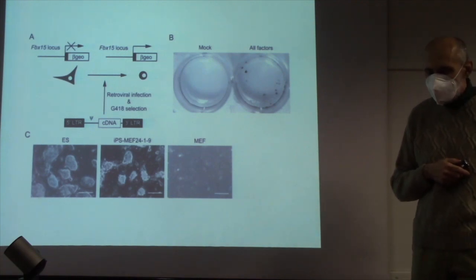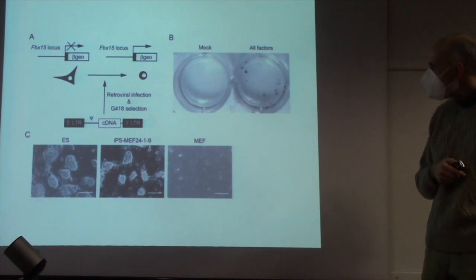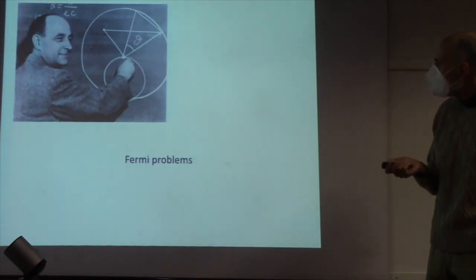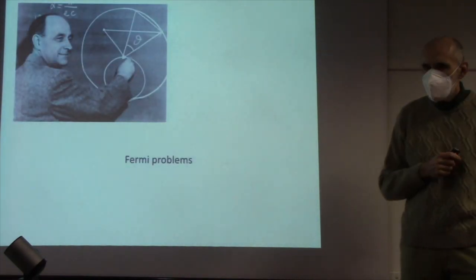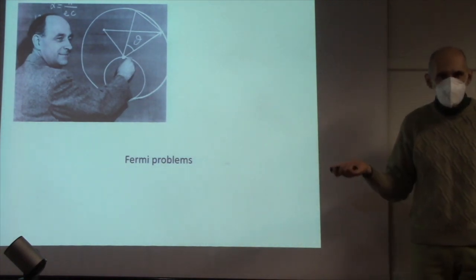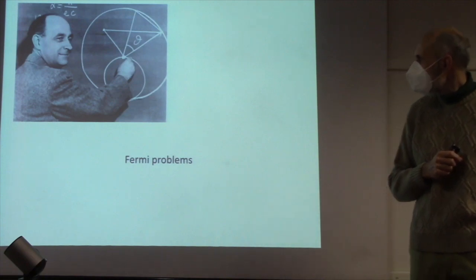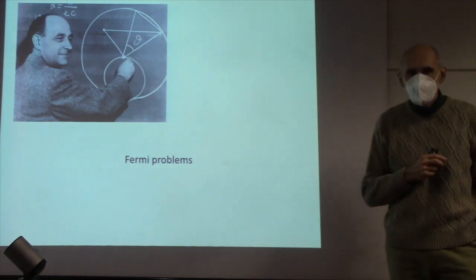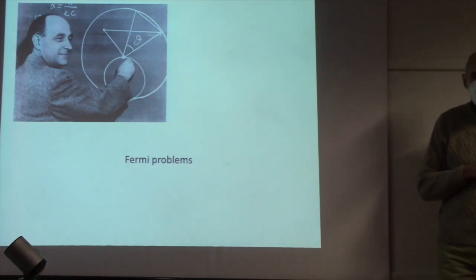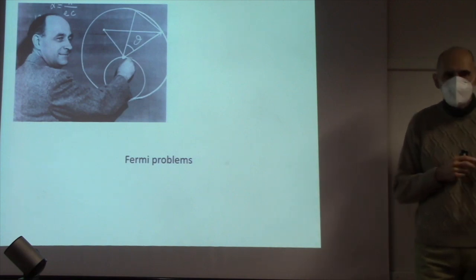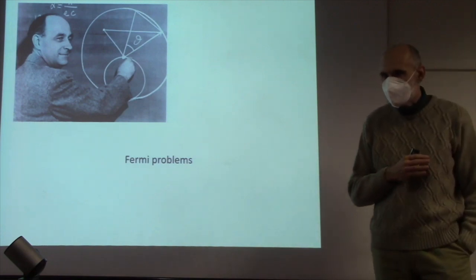So one way to do these estimates is to take the Fermi approach, where Fermi is, of course, Enrico Fermi, the famous physicist. He was a genius. He went to university at 17, and he already knew all about physics.